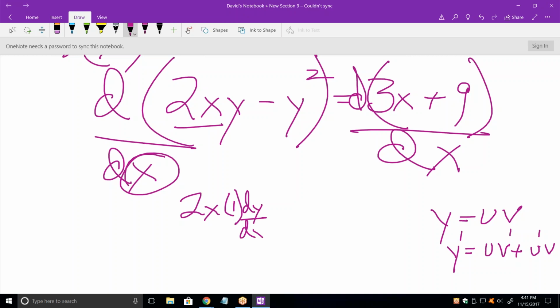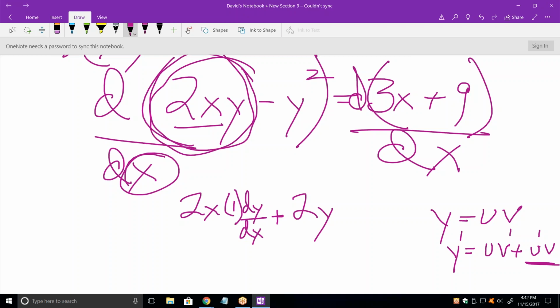In other words, I got to put the dy dx in there because I was differentiating a variable other than x. Okay? We're still doing the product rule on this term. We need the second part of it. In other words, we need this part. What's u prime v? So it'd be just 2y. And we don't need to follow that y with a dy dx because we weren't differentiating v. Right. Okay? So this is just the answer to that.